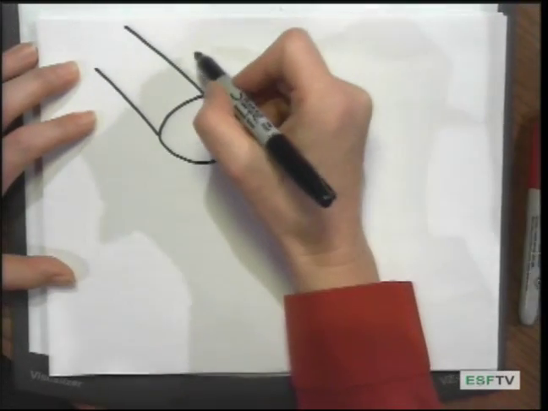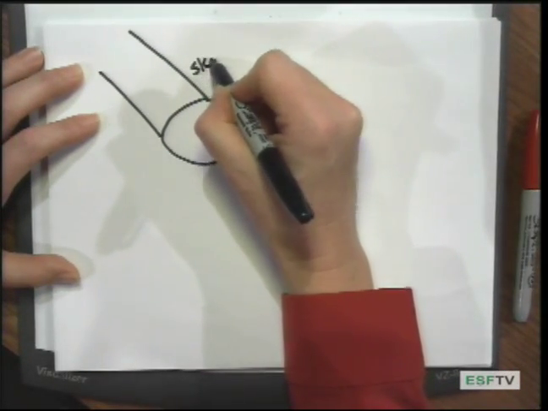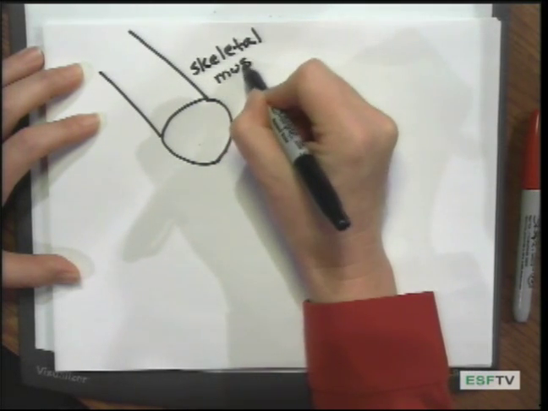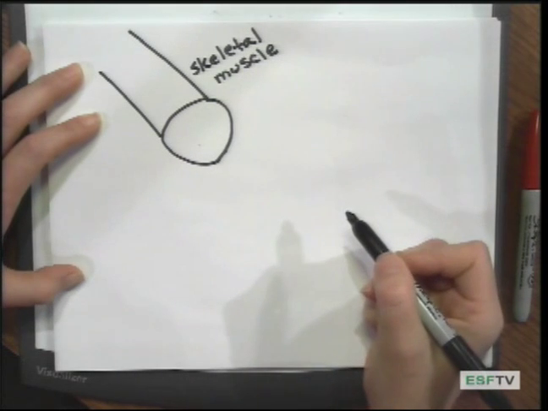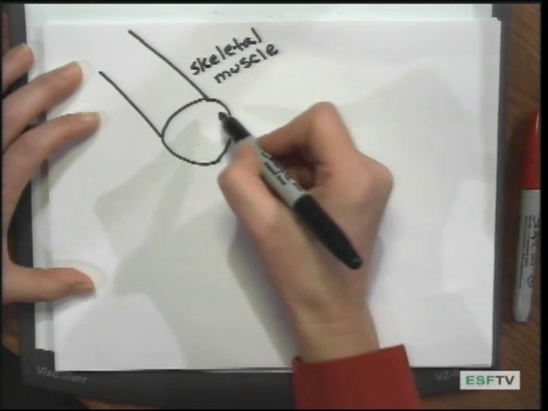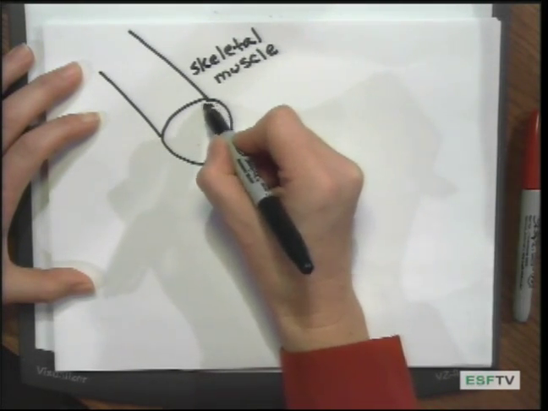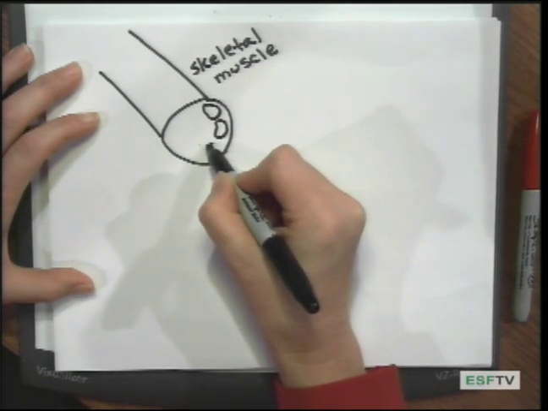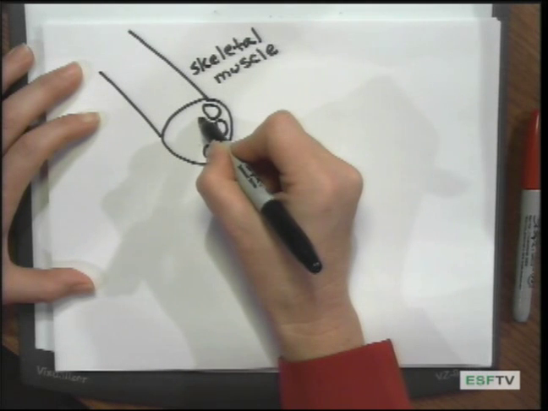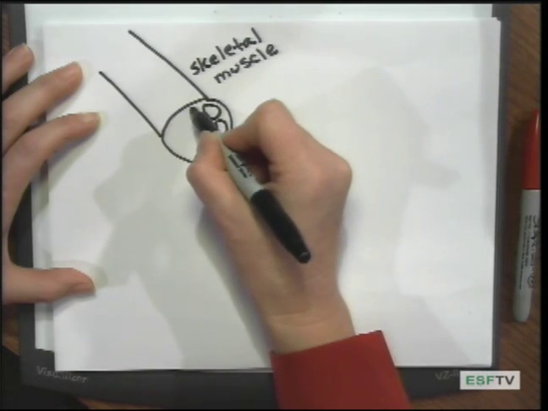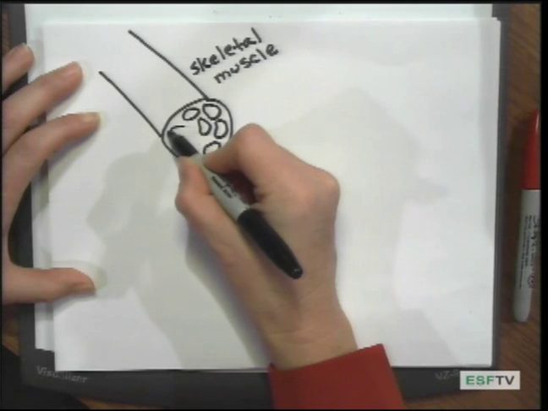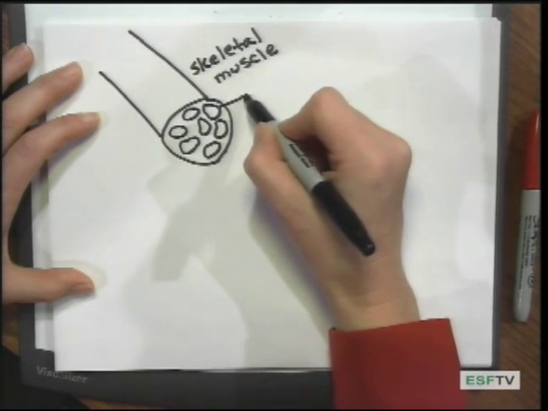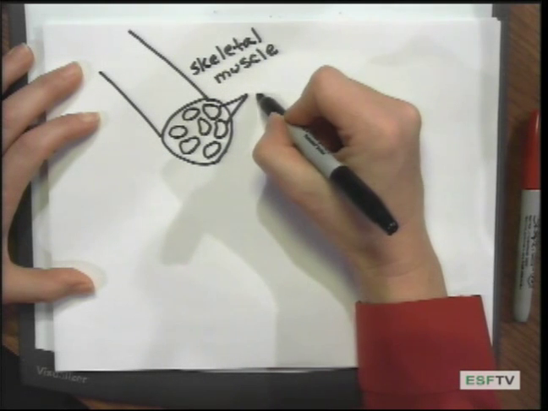So this is a blow-up of a skeletal muscle. Within this skeletal muscle, there are what are called fascicles, and these are groups of muscle fibers. So again, these are called fascicles.